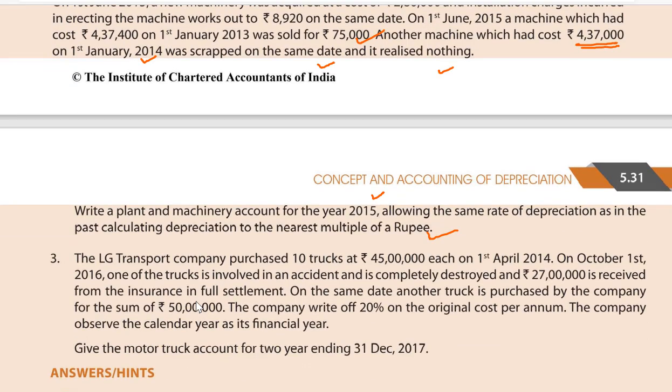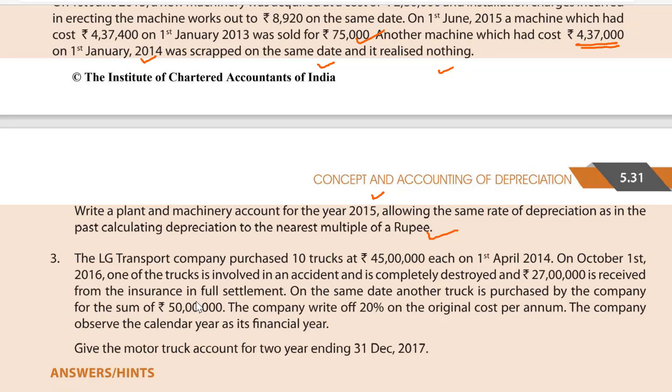Next question. The LG Transport Company purchased 10 trucks for 45 lakhs each on 1st April 2014. On October 1st, 2016, one of the trucks is involved in an accident and is completely destroyed, and 27 lakh is received from the insurance in full settlement.